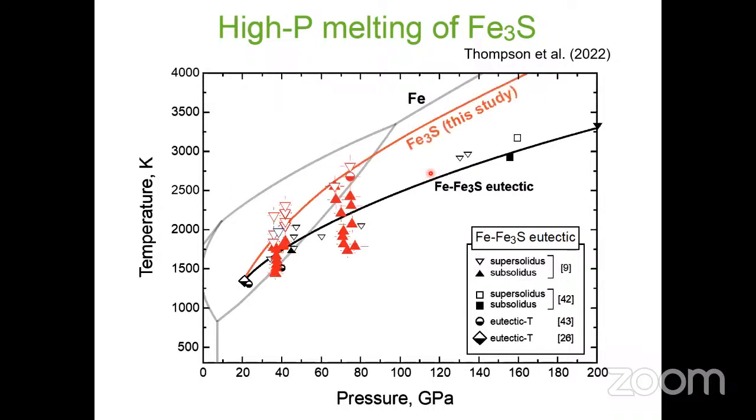So some constrained this by doing diamond cell experiments. The solid symbols are the places where we observed solid Fe3S, and open symbols are the PT conditions where we confirmed the melting happened. And the Fe3S melting point is, of course, higher than the Fe-Fe3S eutectic point.